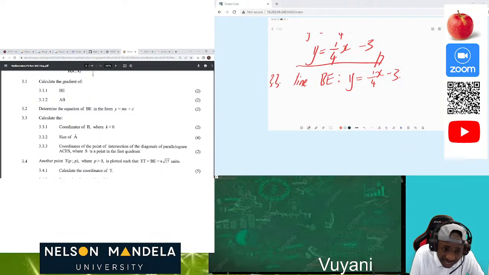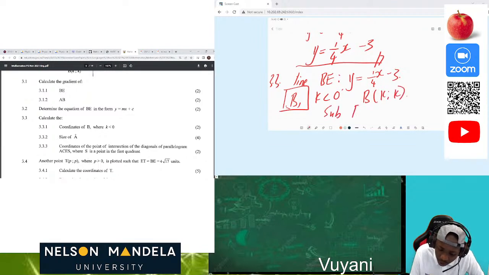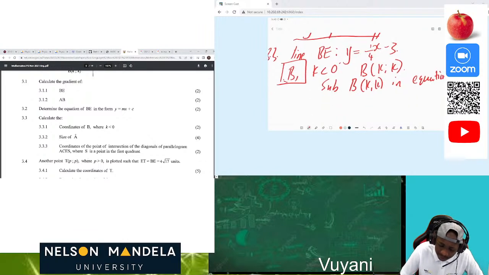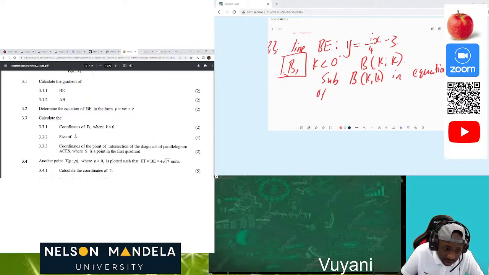Now we want to calculate the coordinates of B where k is less than 0. So now let's look at this B. B we are given as (k, 2k). So definitely we can just substitute point B into the equation of line BE.